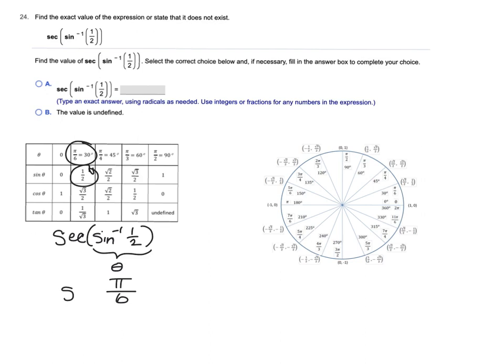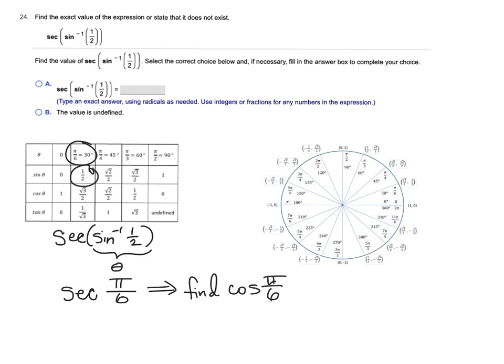So now we can find the secant of pi over 6. We know that my unit circle and this reference chart only give me sine, cosine, and tangent, not secant. So in this case we have to find the reciprocal. Secant and cosine go together.